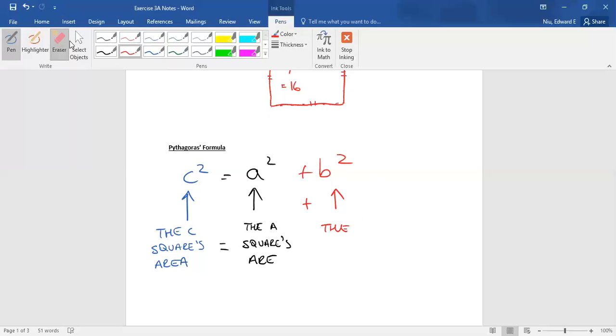Oops, this spot should be down here, shouldn't it? Plus the b squares area. And from there, we can actually figure out the length of the longest side.